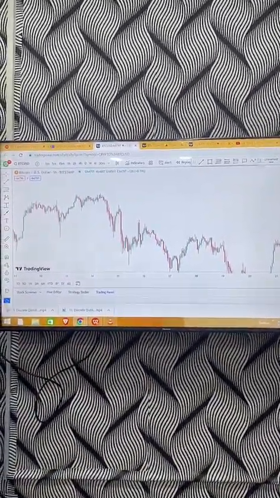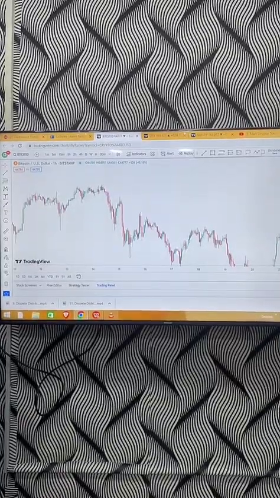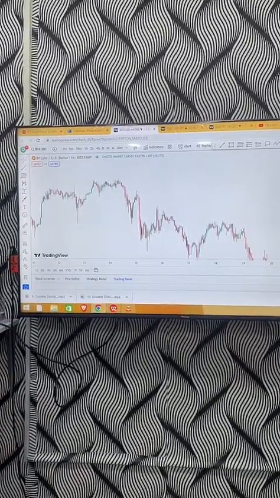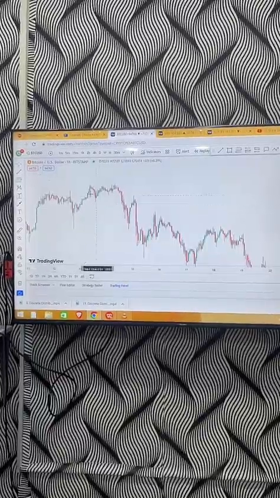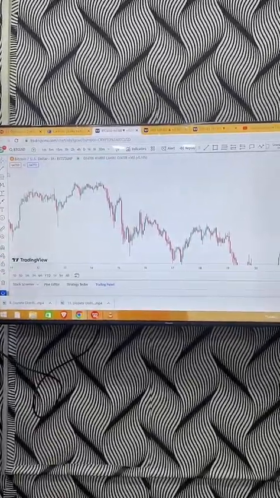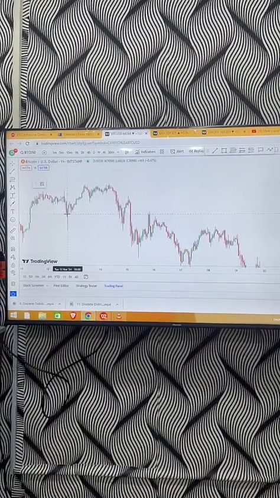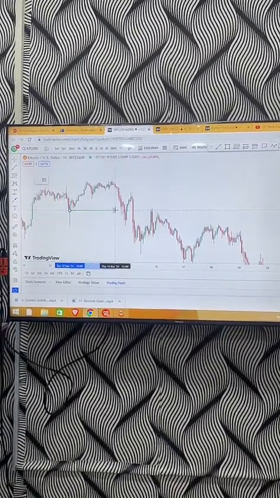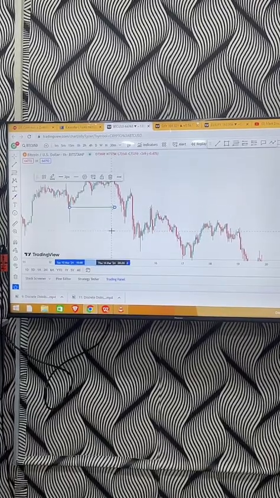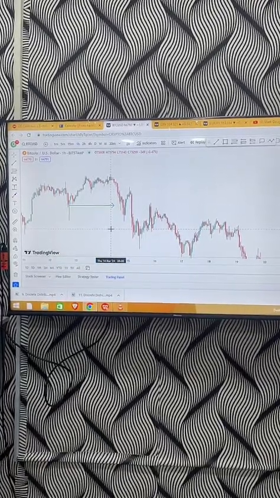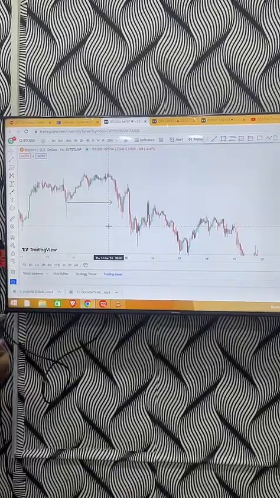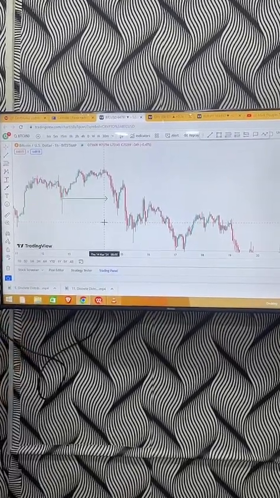So this is a Bitcoin US dollar chart, the 1 hour time frame. As we can see here, there's a break of structure to the downside. Break of structure is when the market moves from an uptrend to a downtrending market.